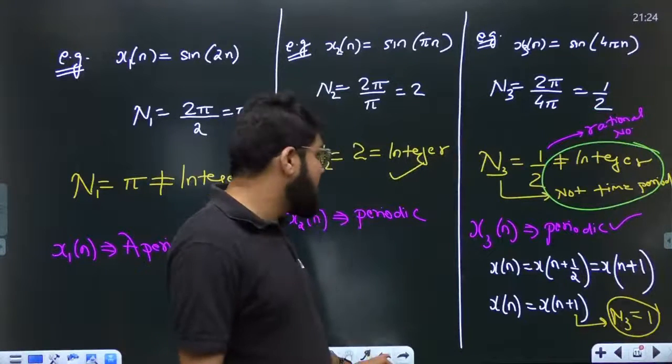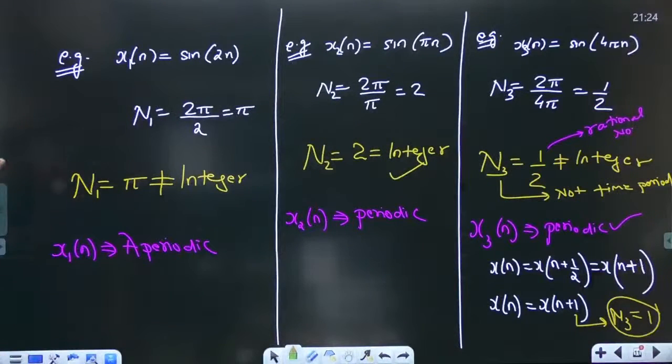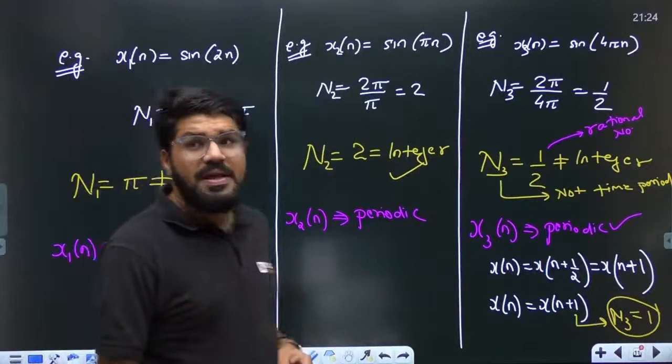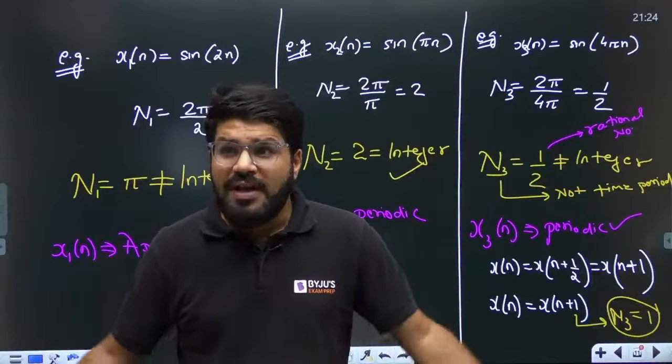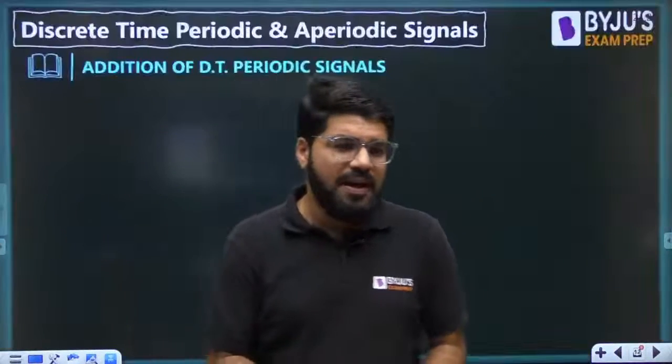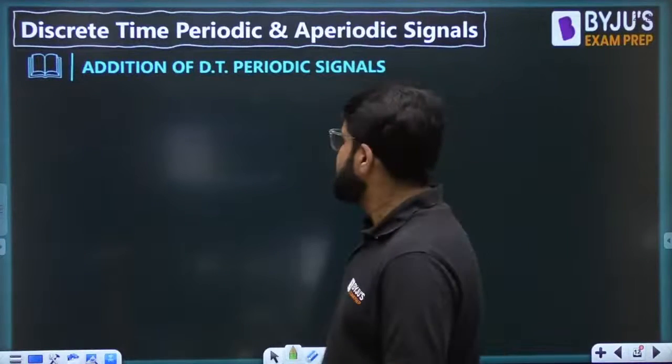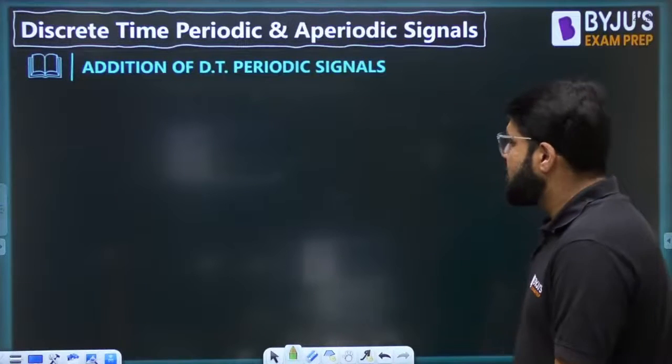Final period has to be an integer. But if it is irrational, at any cost, you cannot make it integral by multiplying by any number. So these are the final conditions that we all discussed. The final condition, go back.